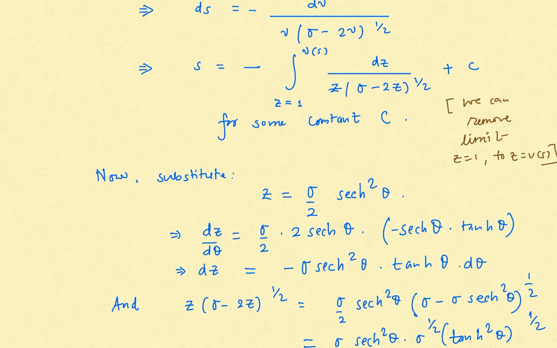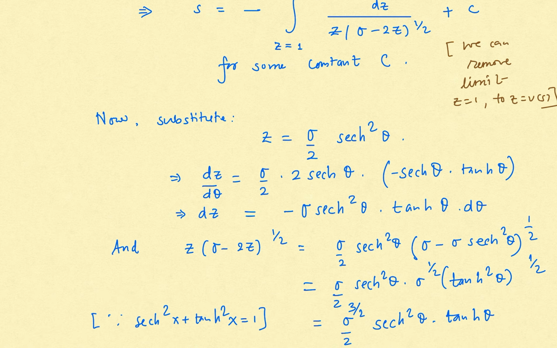So now let's substitute z equals sigma over 2 sech squared theta. Then by applying the derivative with respect to theta, we get dz equal to this value. That means z times the square root of sigma minus 2z becomes this value.